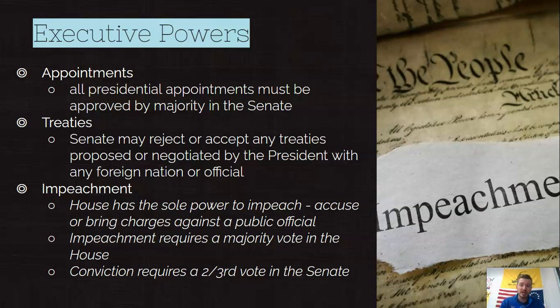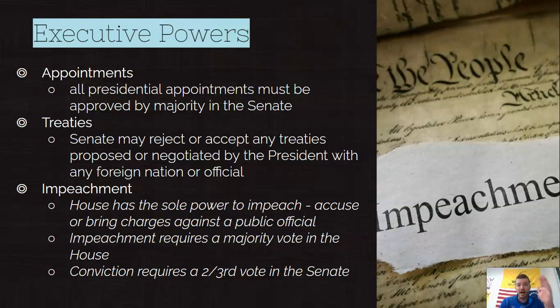Again, impeachment. The House has the sole power to impeach. Basically, what happens is if the House believes that some wrongdoing has happened, again, think things like, I believe it's high crimes and misdemeanors, treason, things like that, the House can bring charges of impeachment. Basically, they just charge a government official with wrongdoing.